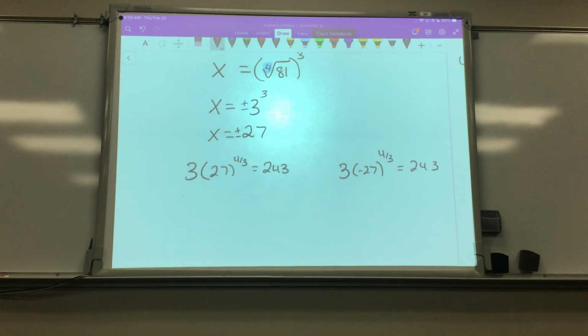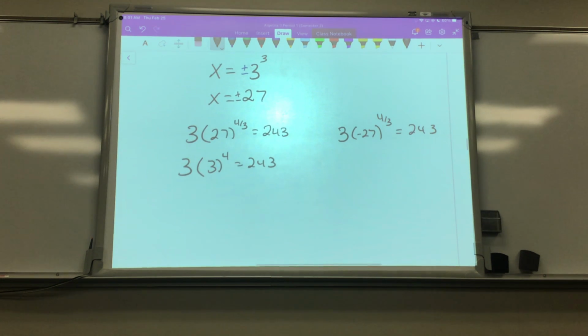So over here that's saying 3 times 3 to the fourth equals 243. Everyone agree with me there? I took the cube root of 27. 3 to the fourth: 3 times 3 is 9, 9 times 3 is 27, times 3 again is 81. Times 3, which is 243. Okay, so the positive answer worked, right?